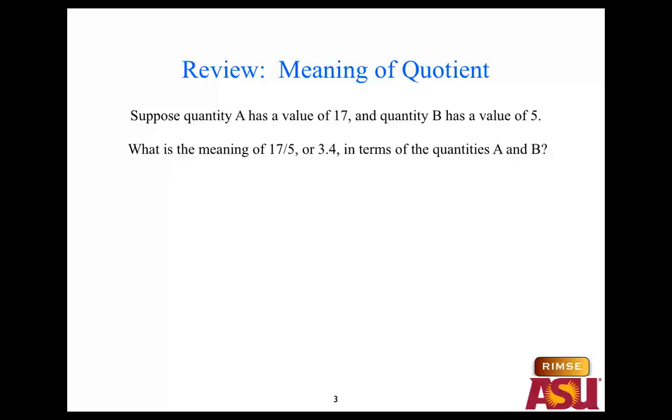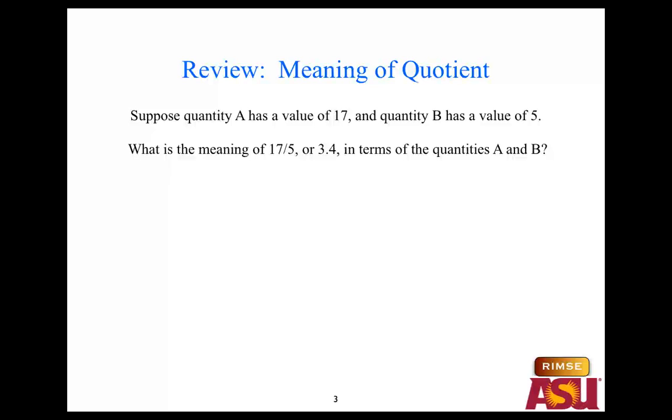So we got that 3.4 is how much greater A is than B, in terms of how many times greater it is. Okay, that's kind of saying the same thing. It's true, but it's kind of saying the same thing. Anybody? What's the different one that we had?